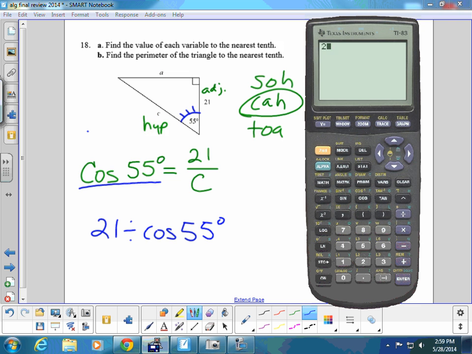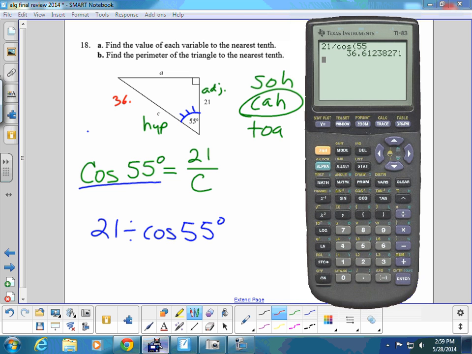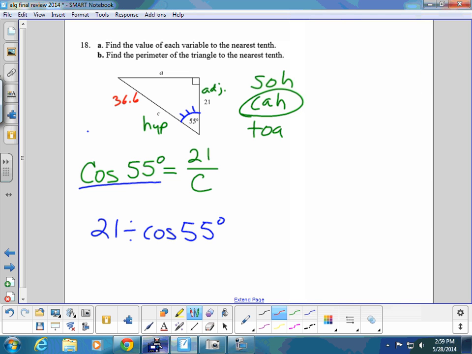I got 36.61. That sounds reasonable for an answer. Why is that reasonable? Because this is 21, so 36.6 seems reasonable for C. It says round to the nearest tenth. Okay, so C is 36.6.